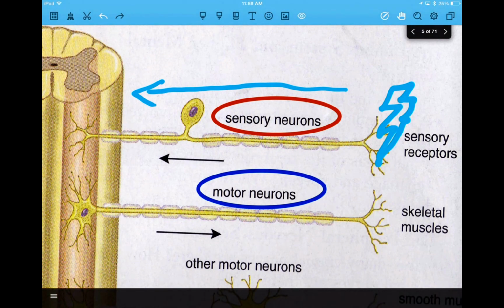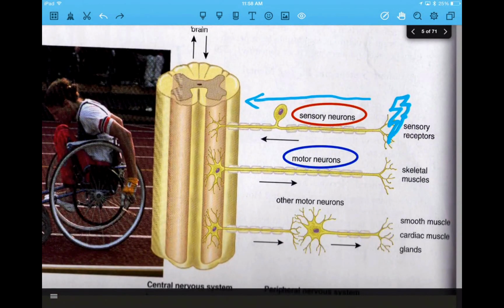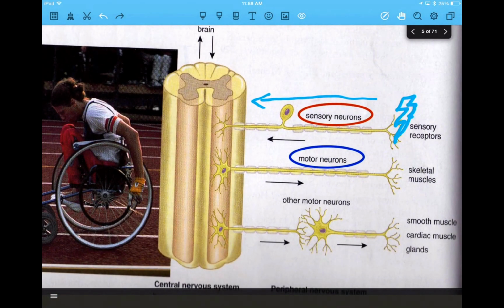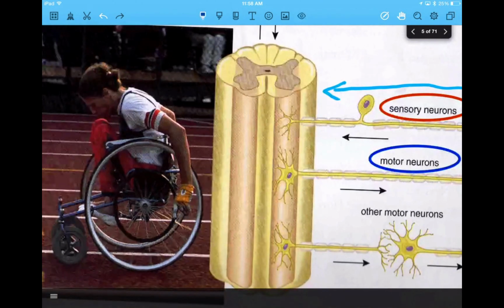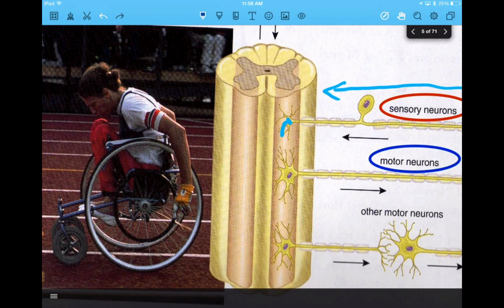And then there has to be sort of a receipt of that signal. So that signal will come in from a sensory neuron, and then that signal has to be relayed like this to a motor neuron because you want to produce an effect. Pull your hand away from a stove. We'll look at that in just a moment.